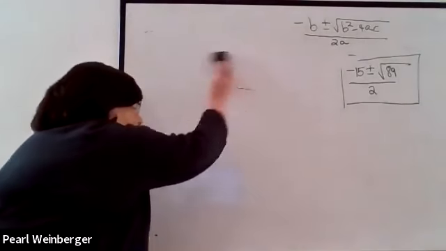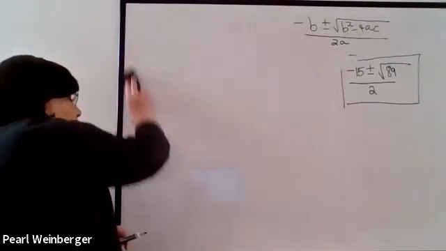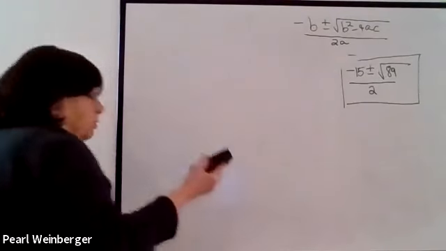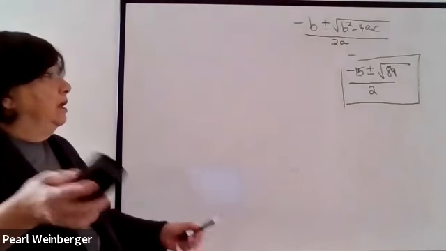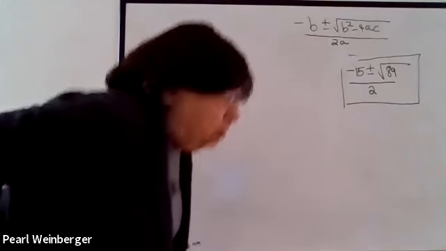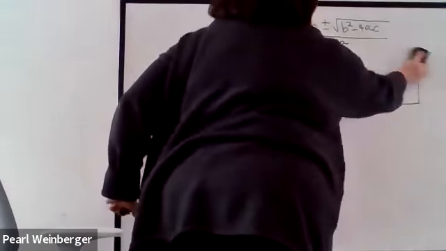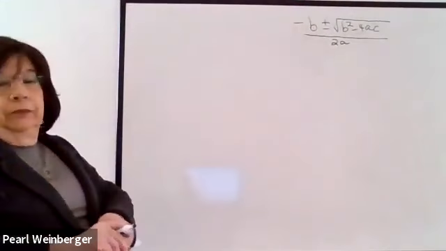This formula works on any quadratic equation, whether it's factorable or not factorable. There are no exceptions where it doesn't make sense to use it. You can use it on any quadratic equation.